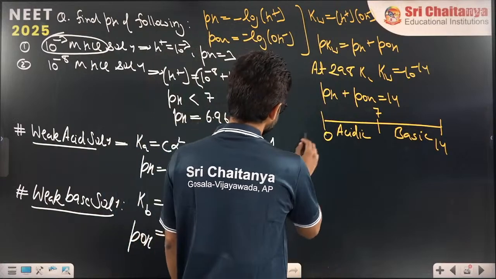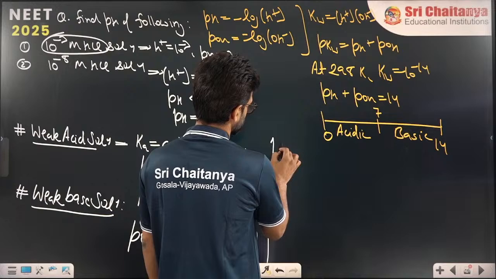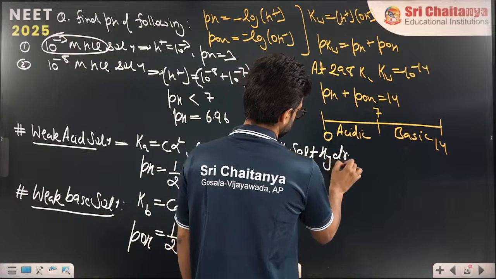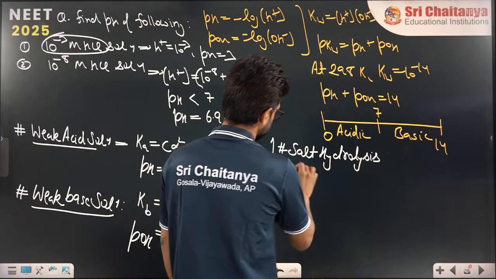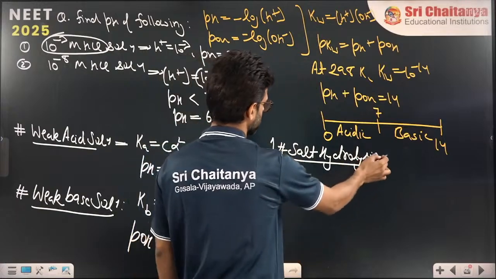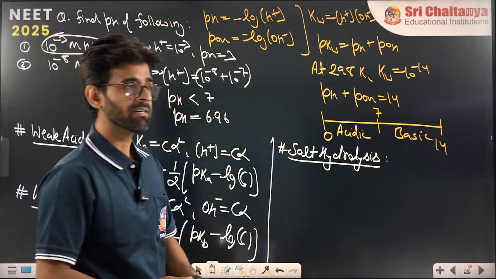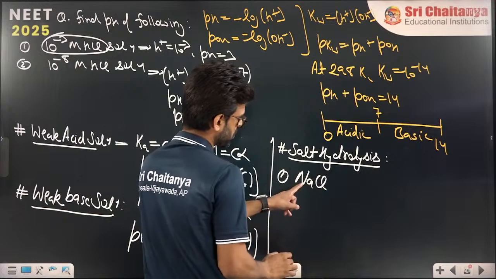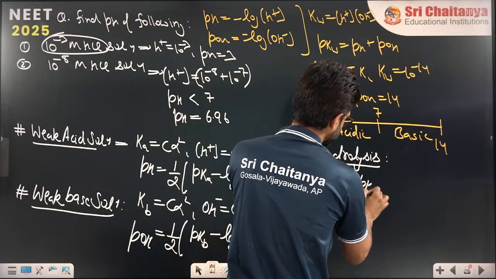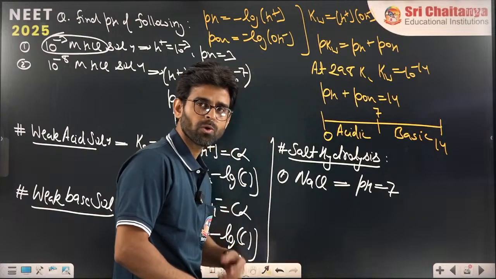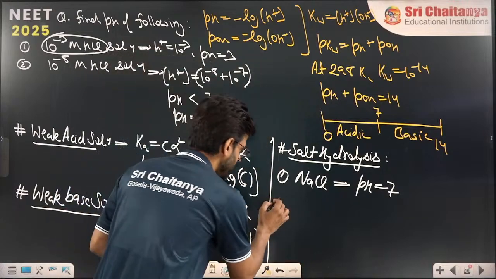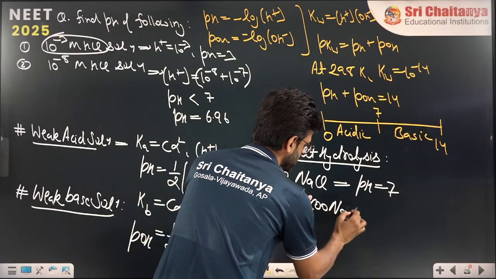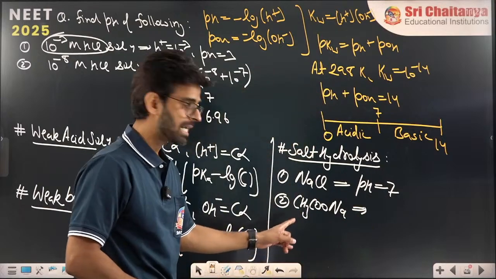Now if you go for the salt solution, the topic they gave is salt hydrolysis. They will say find the pH of this solution. First type, salt of strong acid, strong base, so pH is always 7. Now imagine a salt of weak acid, strong base.